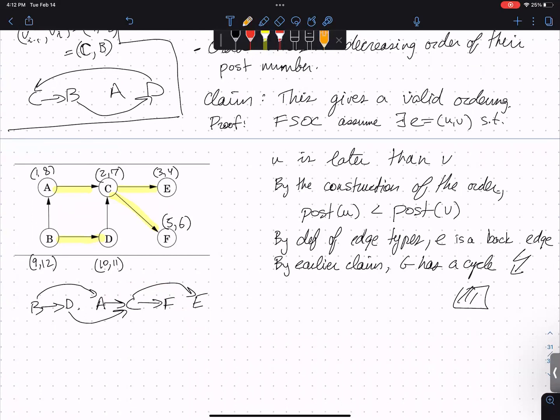What if you had some back edge from E to A? What if that existed? The proof says then this edge E would be a back edge in the DFS tree.